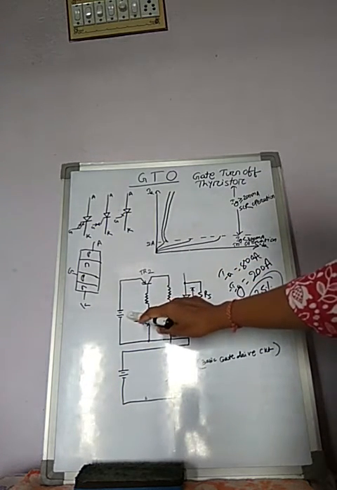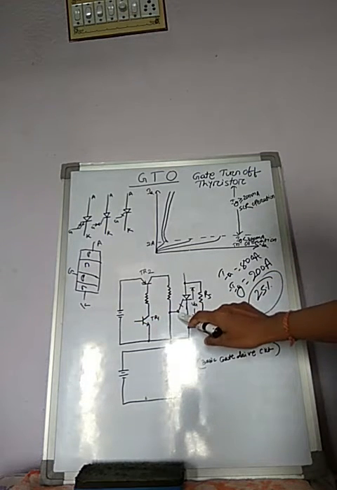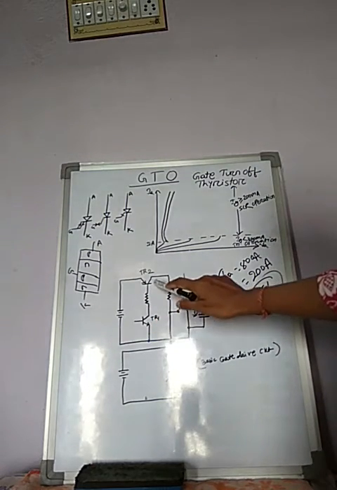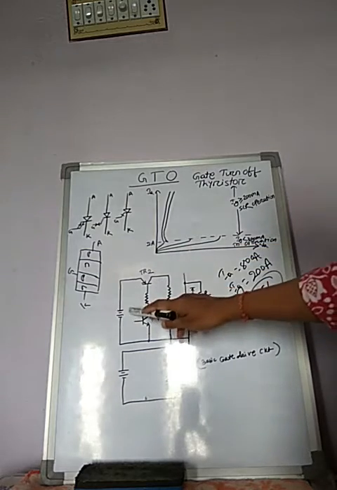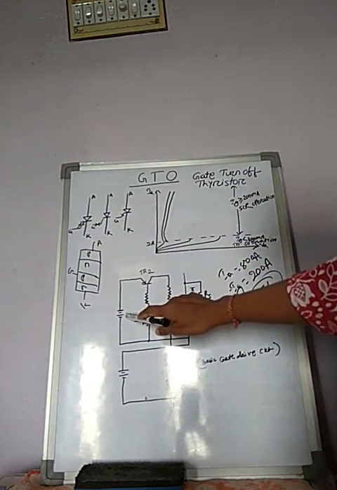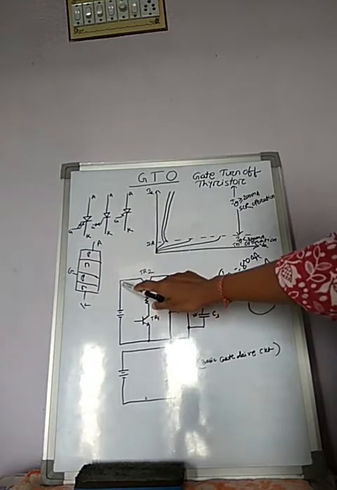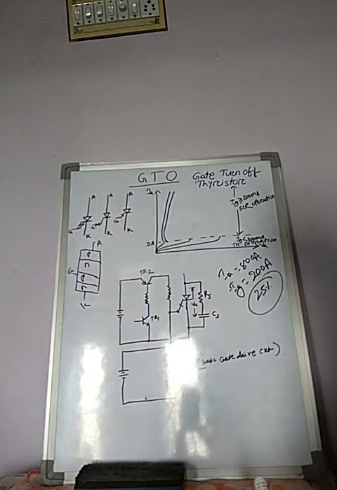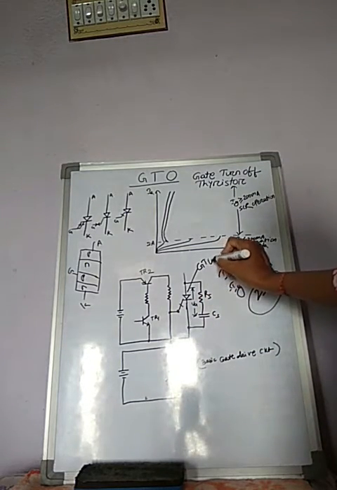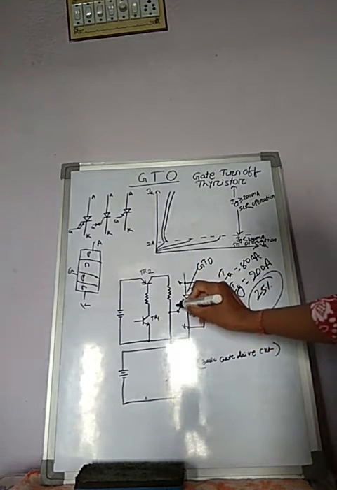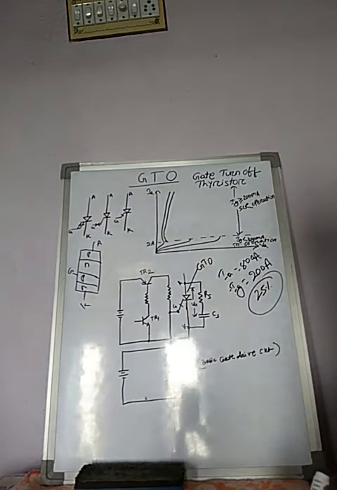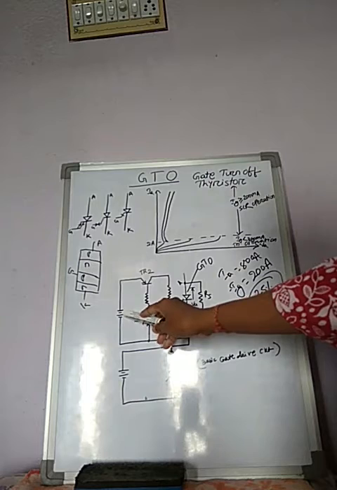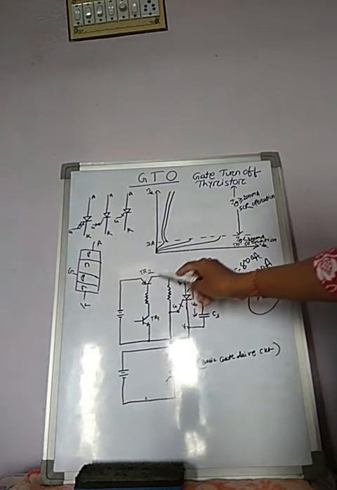Now the supply voltage is connected to this device through TR2. Once TR2 switches to the on state, current from this source will flow through this path towards this gate. This device is the GTO. This is the anode, this is the cathode, this is the gate.